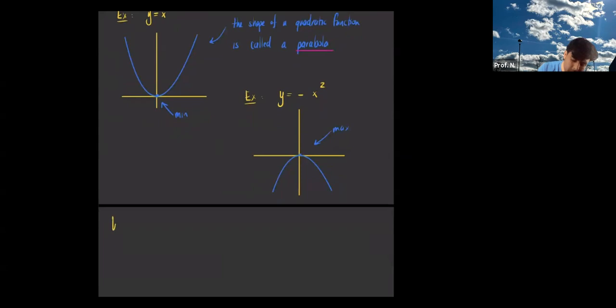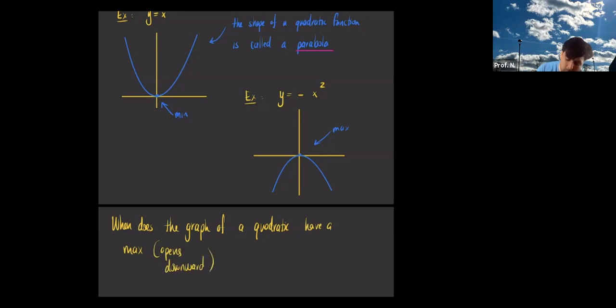So when does the parabola, or the graph of a quadratic, have a maximum, which means it opens downward, or a minimum, which means it opens upward?